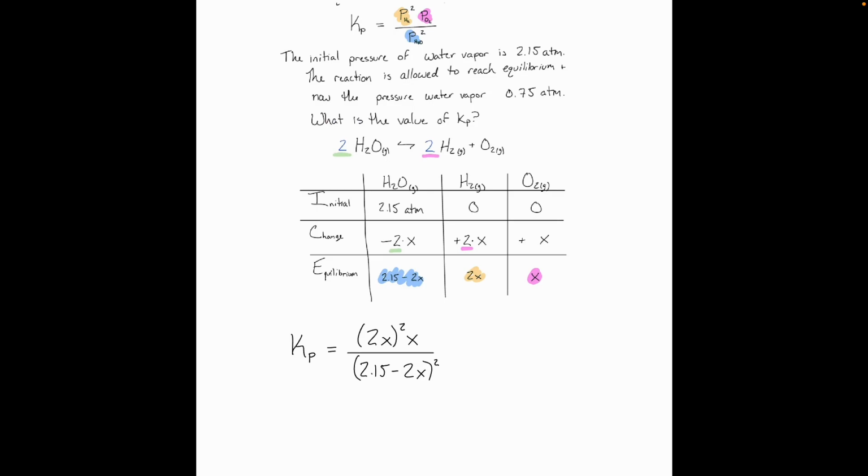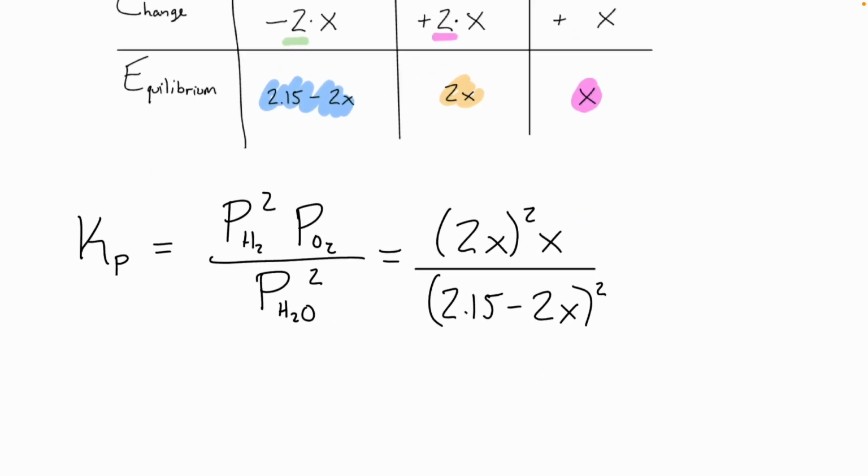All right, so for each one of these, I took my equilibrium expression, PH2 squared PO2 over PH2O squared, and I replaced each one of these pressures with their equilibrium values from the ICE table, right? Because it's an equilibrium expression. So my pressure of H2, I replaced that with the 2x.